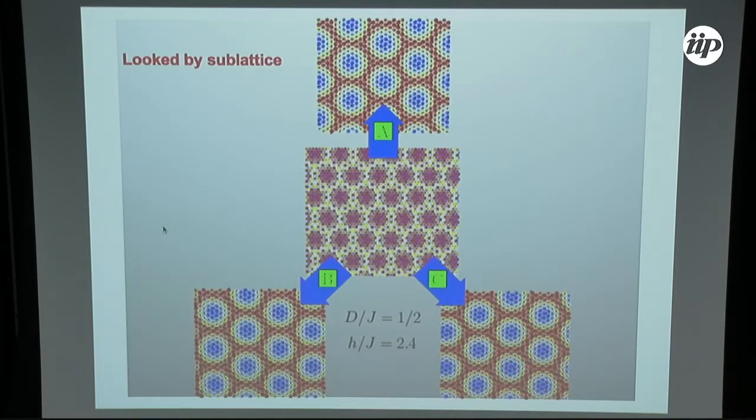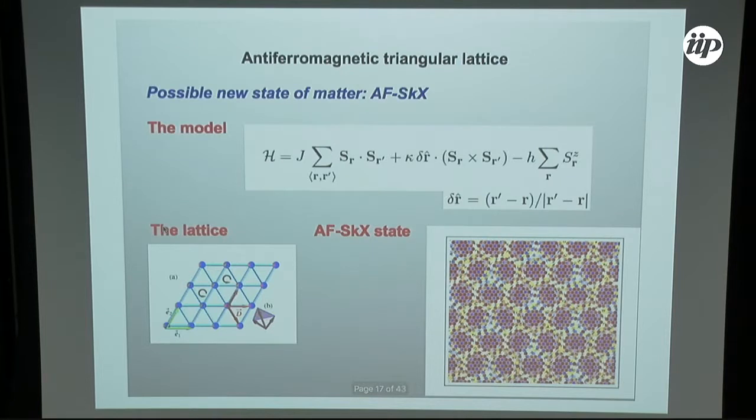This is understandable because if you write this Hamiltonian per sublattice, each of these terms will give you a kind of ferromagnetic or antiferromagnetic, square-lattice type behavior, and then you will have S2 as a parameter.